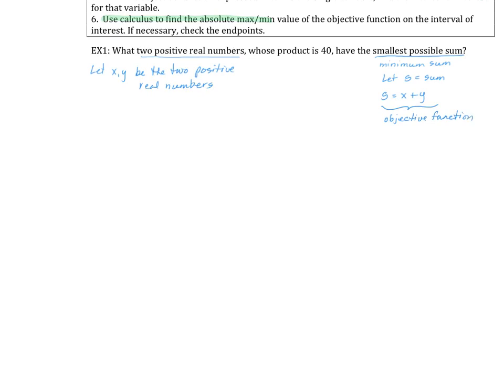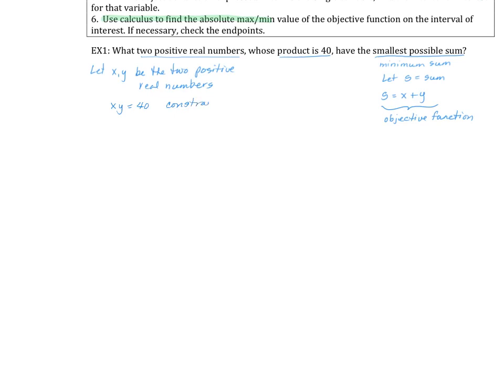So now I want to take that objective function and I want to write it in terms of one variable, either x or y. And that's where the constraint comes in. The constraint is that the product of these two numbers has to be 40. So I know that x times y has to be equal to 40. Again, that's my constraint.